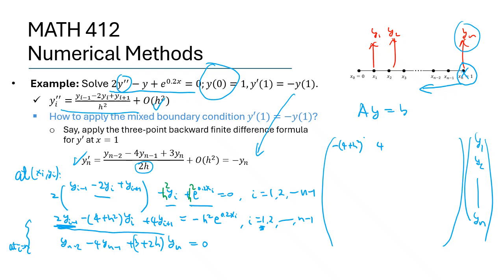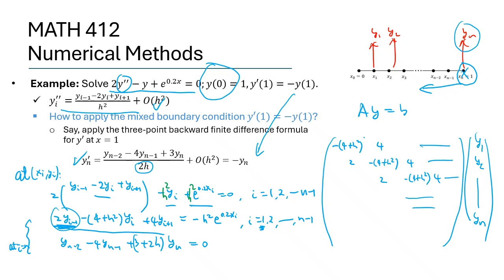As you can see, b will be what? Space is a problem. You move that to the other side, that's b sub 1. Now the second equation is 2, negative 4 plus h squared, 4, and 2, negative 4 plus h squared, 4, and so on.